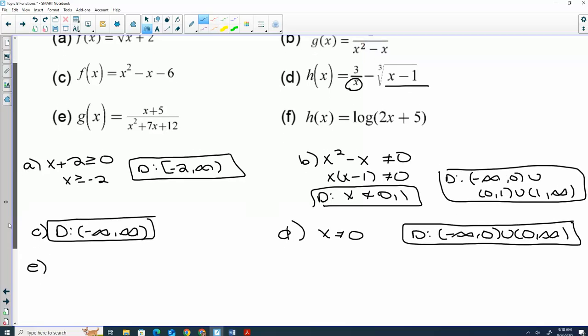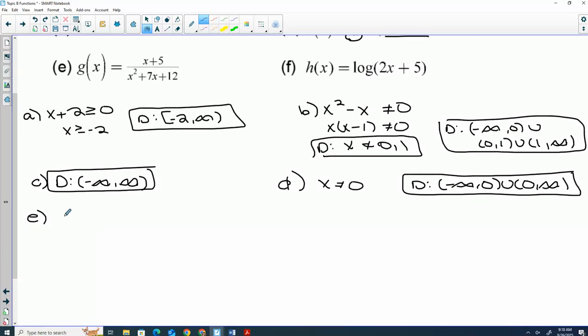All right, E, what do we have to do? The bottom can't be 0, so that would factor into x plus 3, x plus 4. So x can't be -3 or -4. If I did, how would I write that interval?